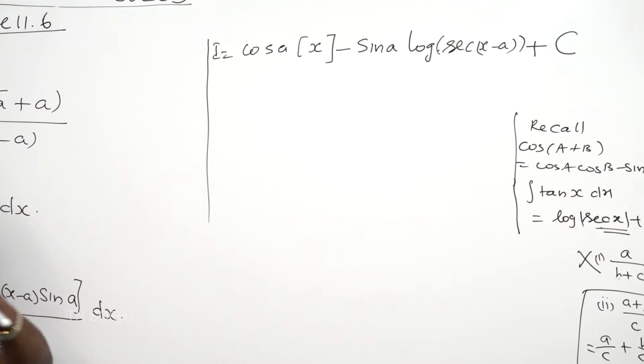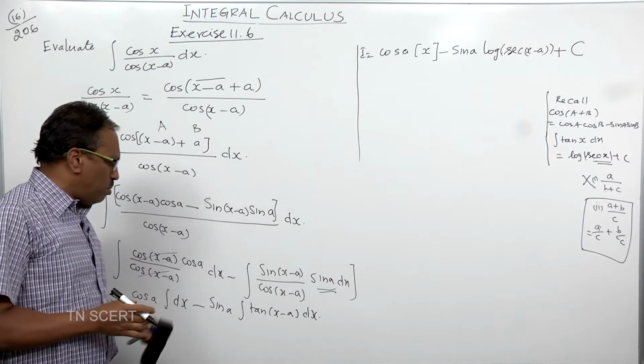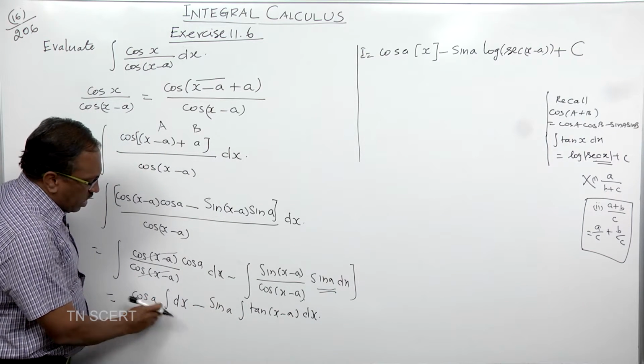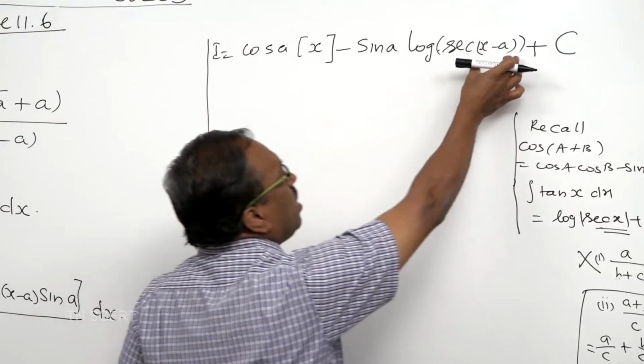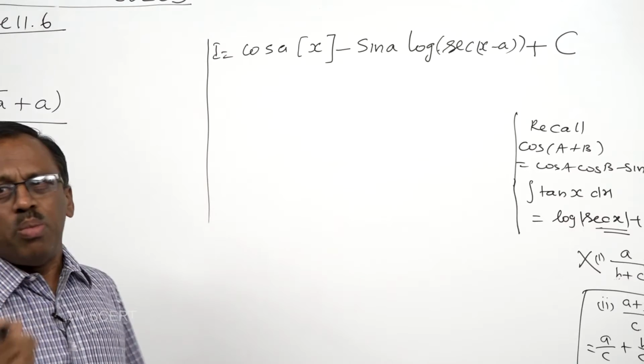For both the things we can put one constant, that does not make any difference. So, cos a integral dx, sin a, tan becomes log of secant of (x minus a) plus c.